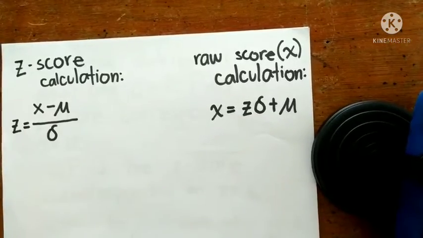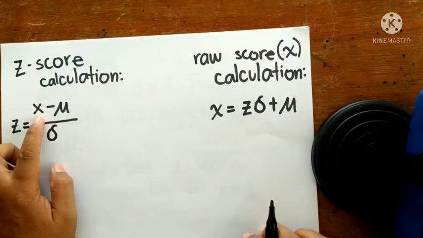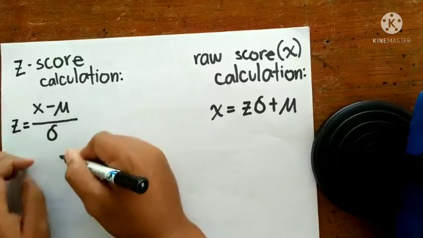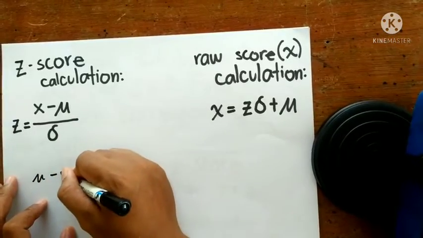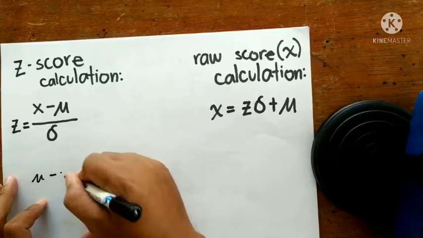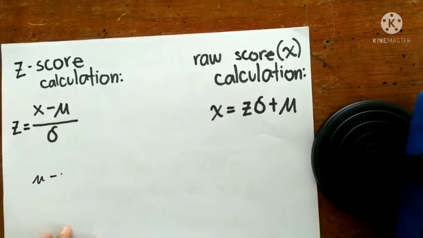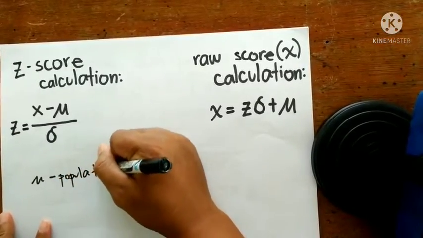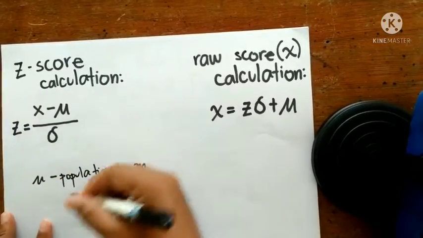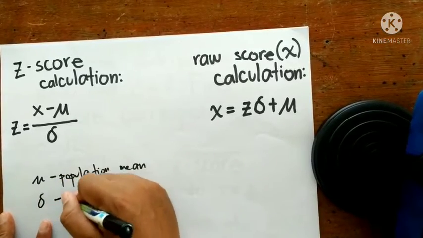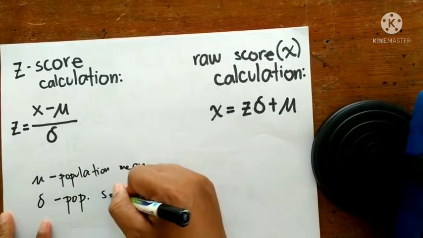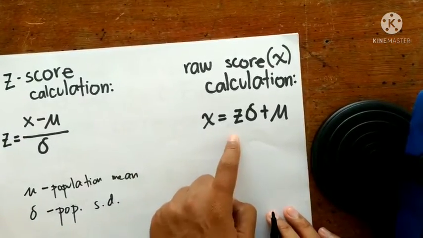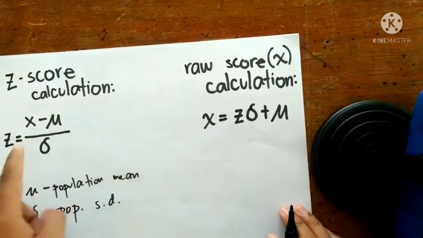Here, x means the raw score, and mu means the population mean, while sigma is the population standard deviation. This raw score was also derived from this formula.